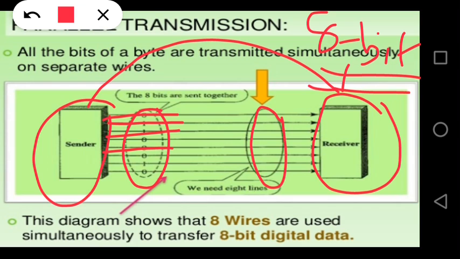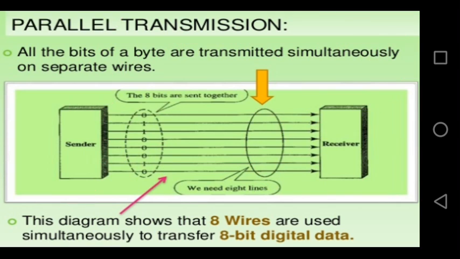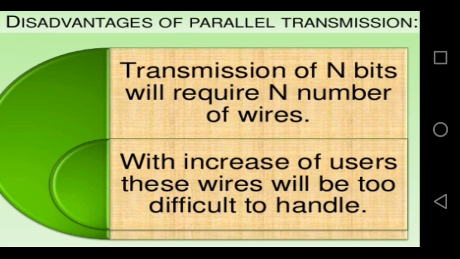It is very simple to understand that if I want to transfer 16 bits of information, either I need to have 16 lines or send 8 bits in 2 phases. So this is called parallel transmission. You can easily understand the disadvantage of parallel transmission: the transmission of n bits will require n number of wires.